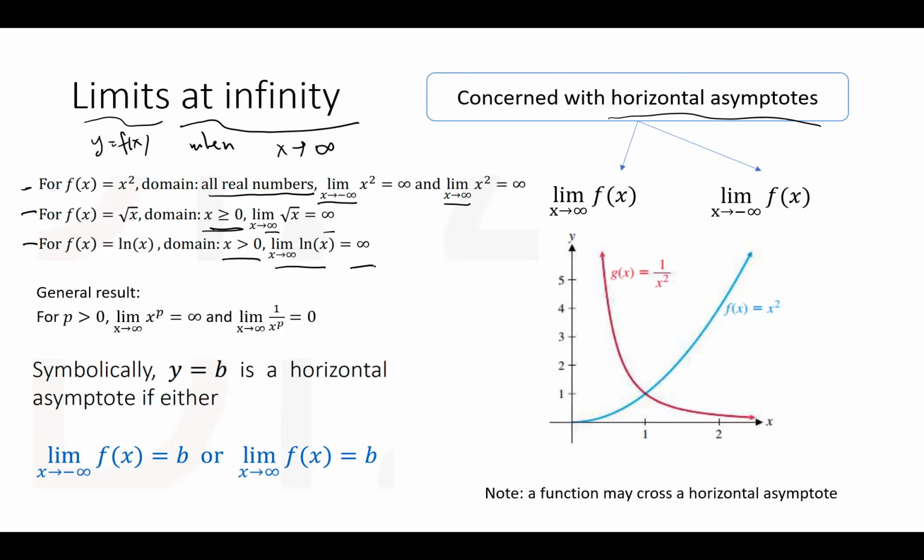And then some general results. If there's a positive p, then when we are given a power function x to the p, the function itself is approaching infinity, and if we take the inverse of this function, then it becomes 0. That's quite what we use to analyze the limit of a function later through some examples.